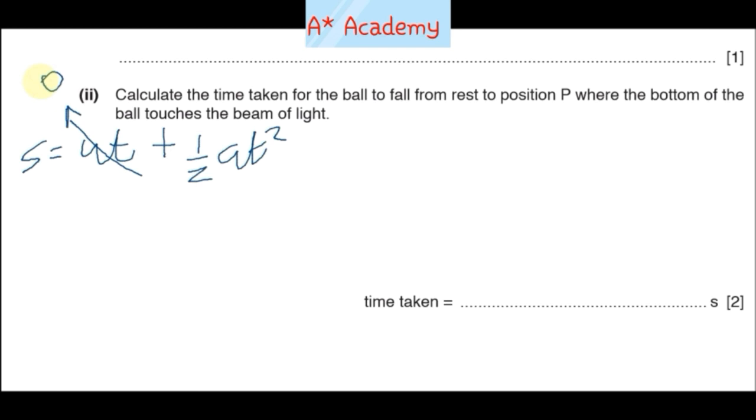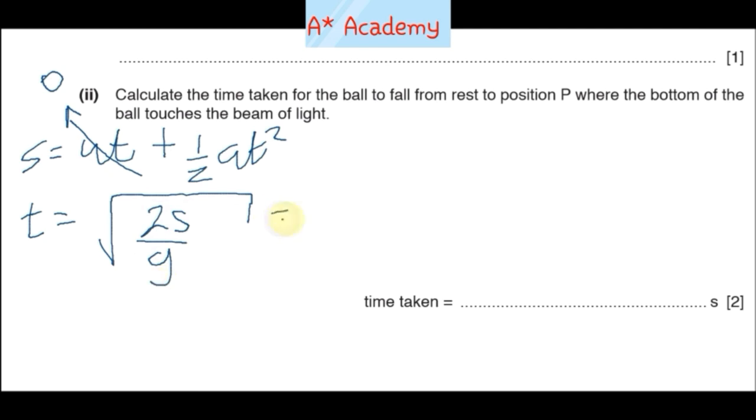We want to find t. So t equals the square root of 2s over a. In this case, a is g, right there.